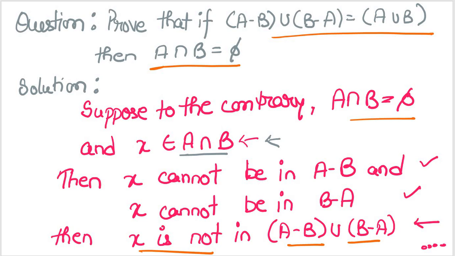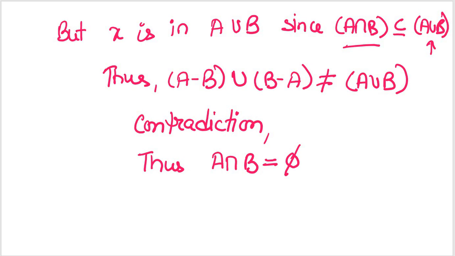So in this case, we also identify that x is in A union B, since A intersection B is a subset of A union B, and with this we find that A minus B union B minus A is not equal to A union B. So this is a contradiction. Thus A intersection B is equal to null. That's what we are trying to prove.